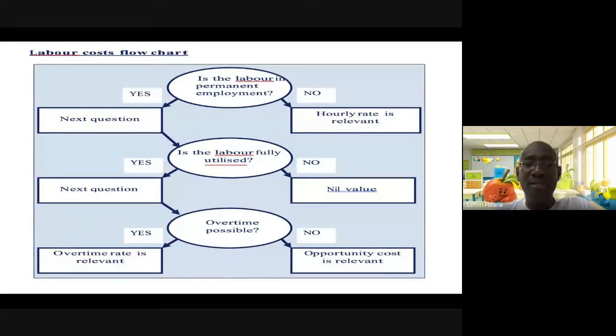Very, very important. But in most businesses in this country, unfortunately, labor is not fully utilized. We have a lot of idle labor in this country. Overstaffing is very common in most organizations you go to. That's why employees, instead of working, only waste the employer's resources.